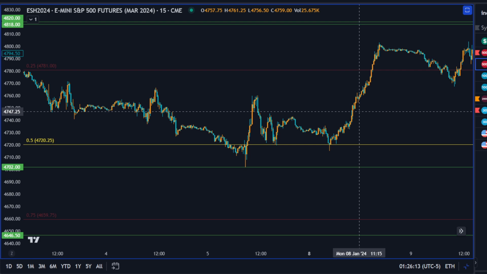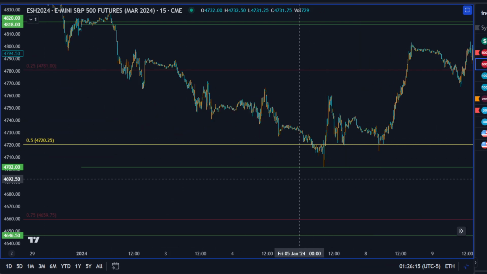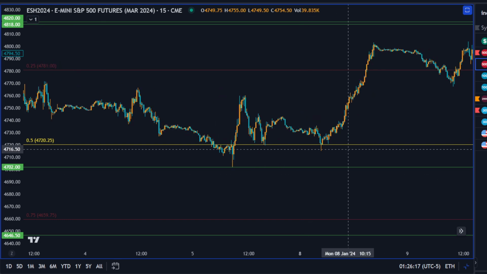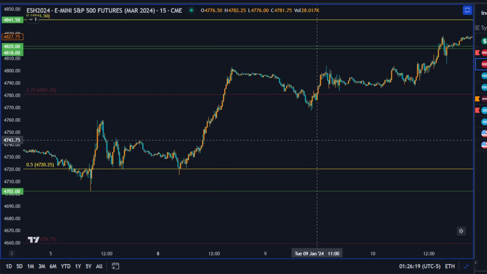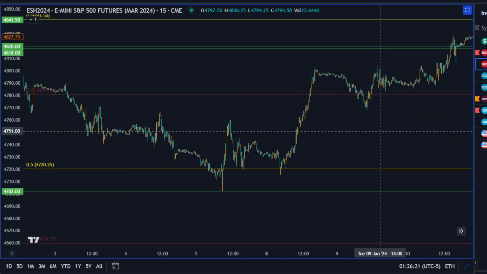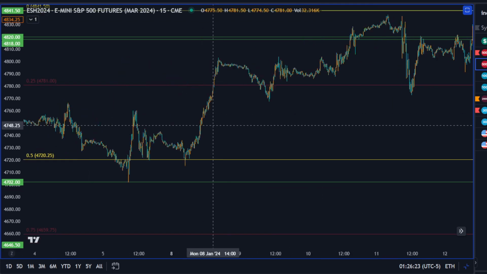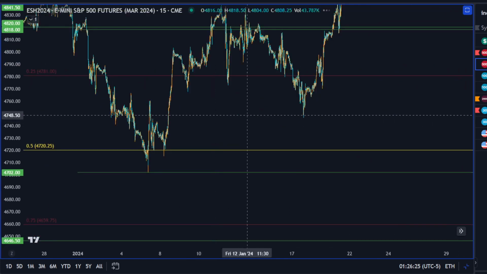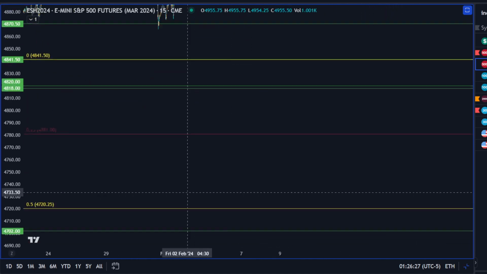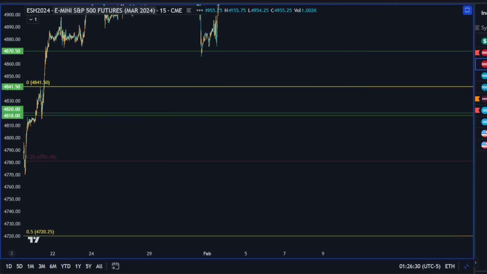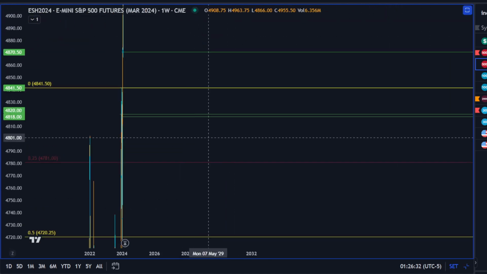At the same time, look at that. It's a reaction level, right? So it's going to behave like a reaction level. The only thing is, it's a minor one, even on the monthly chart. Go down to the weekly.